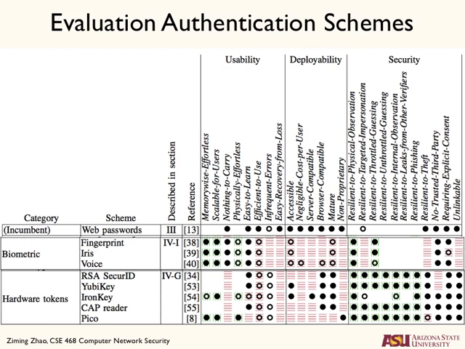For biometric authentication schemes, including fingerprint, iris, or voice, the usability is really good because the user doesn't have to do anything special. They don't have to remember anything. They just be themselves and they can be authenticated.